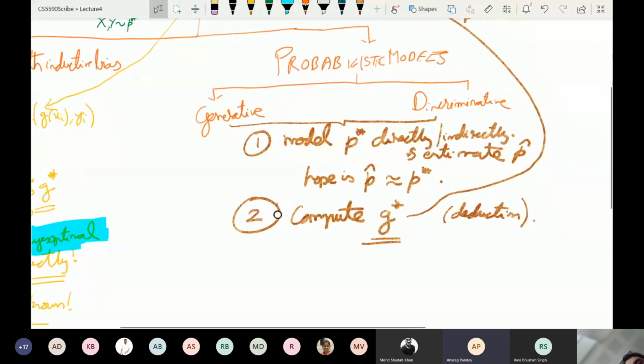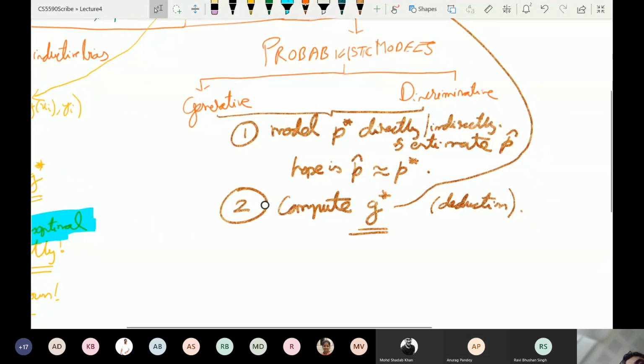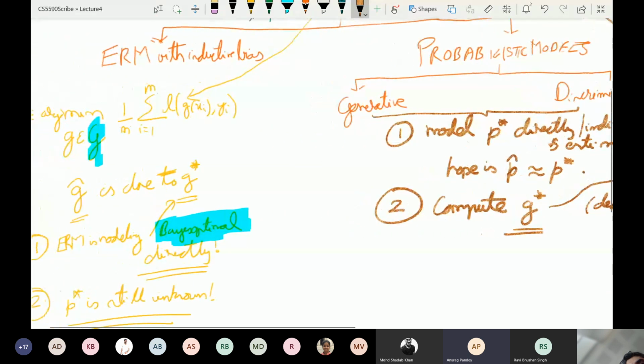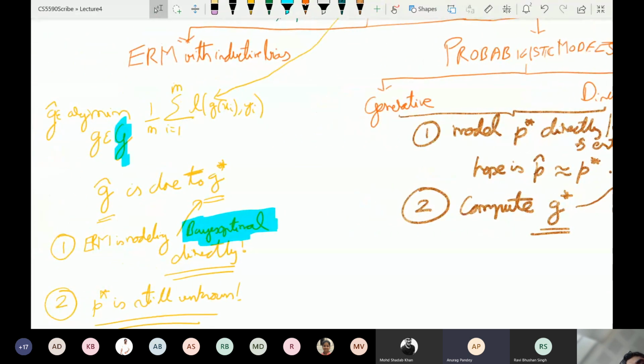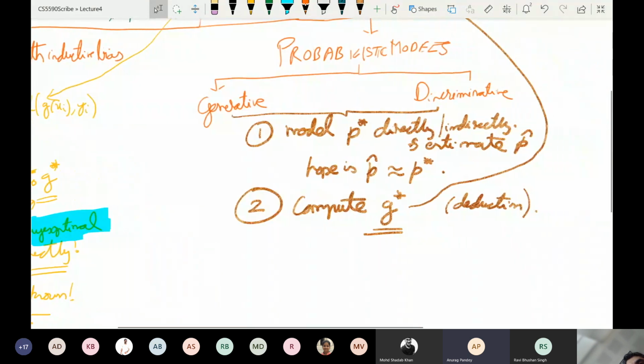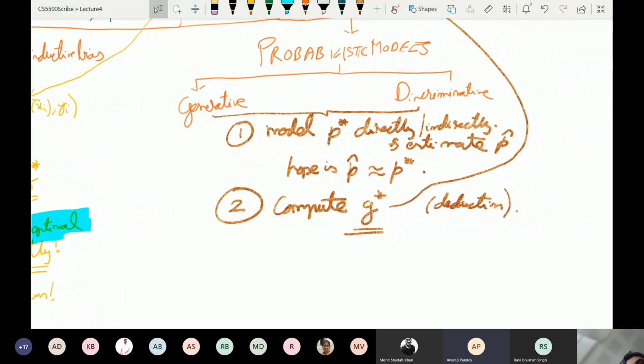Yes, sir. So, sir, in simple words, in empirical risk minimization we are assuming G to find a relationship between Y and X, and in probabilistic modeling as well, we are modeling the distribution, which again is a relationship between Y and X. Right.